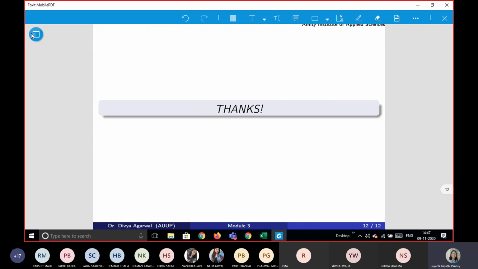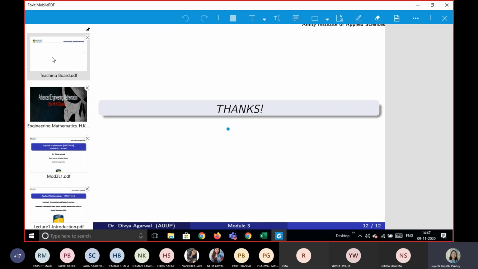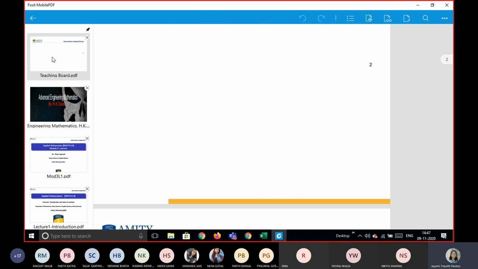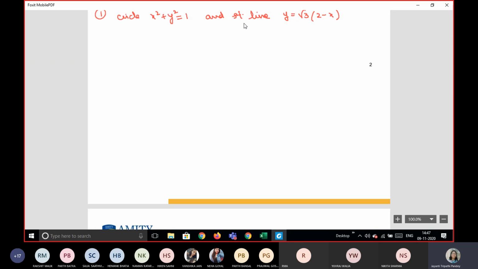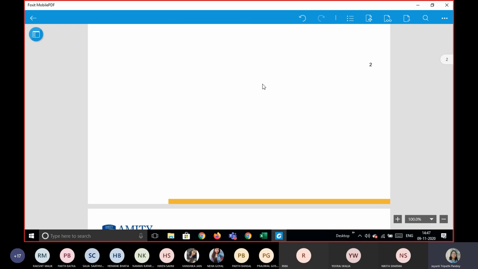Now, I'm giving you some questions which are not solved, and let's try to do them. Right, first question. Find the area of the ellipse x square by a square plus y square by b square is equal to 1. This is one question that you have done in class 12. I'm just taking it.